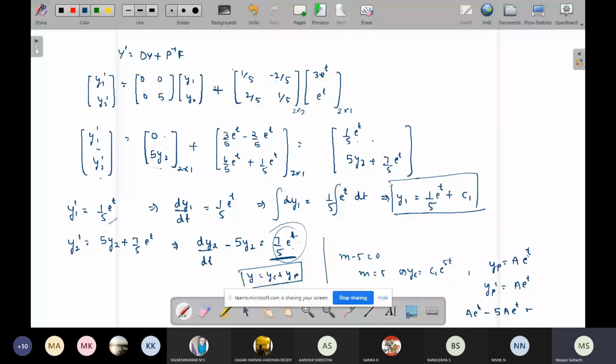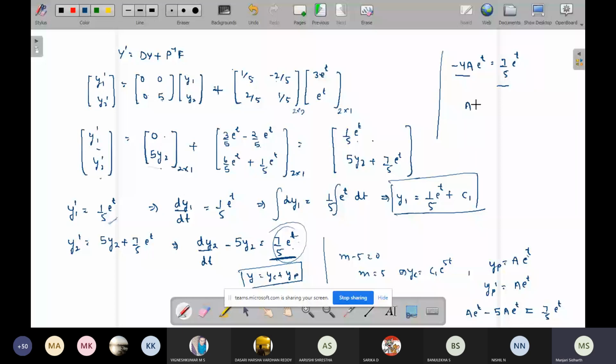equals 7 by 5 e power t. That means a minus 5a, that is minus 4a, times e power t is equal to 7 by 5 e power t, right? So that means 4a is equal to minus 7 by 5, so a is equal to minus 7 by 20.